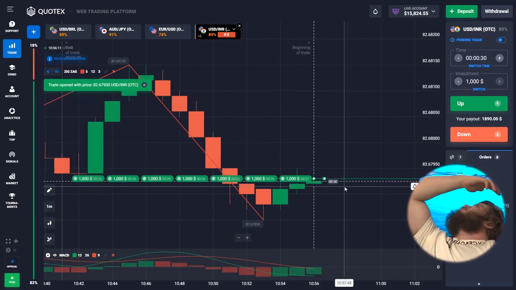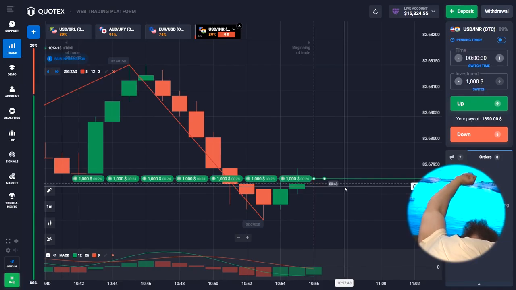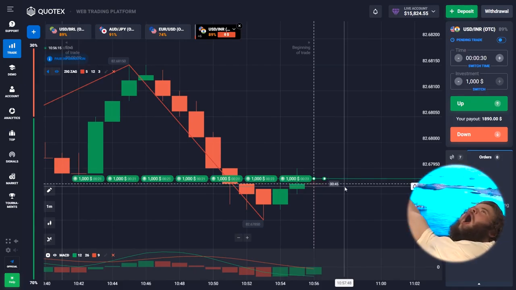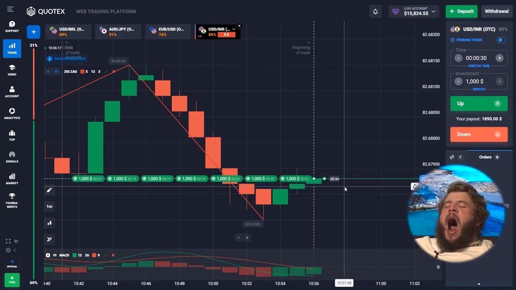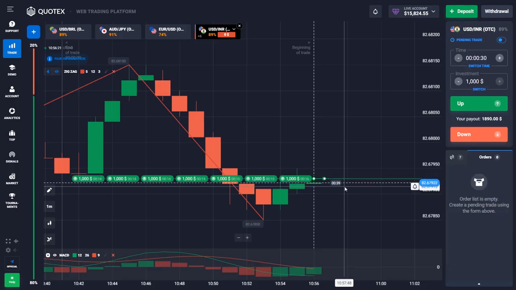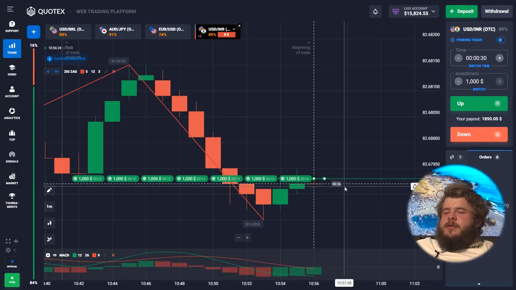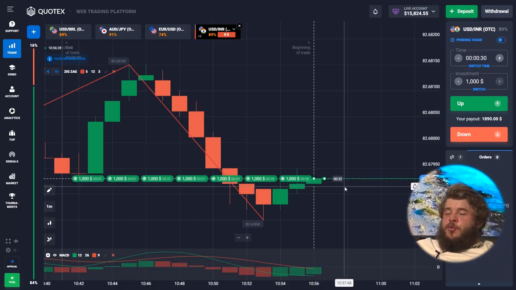So we have already earned, oh my god, we have already earned 1,000%. We have opened more buy positions, guys, because we are continuing to trade in the same direction.